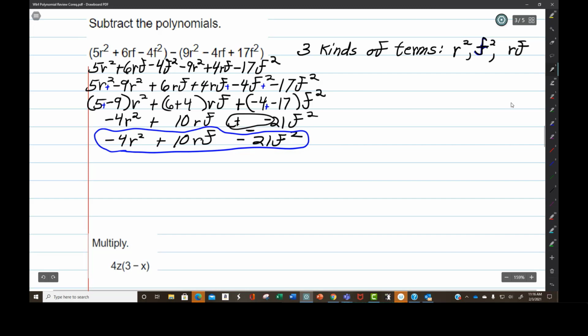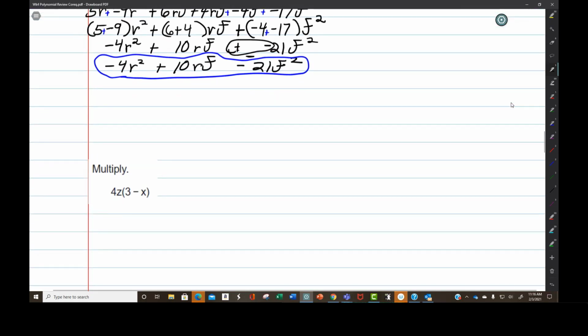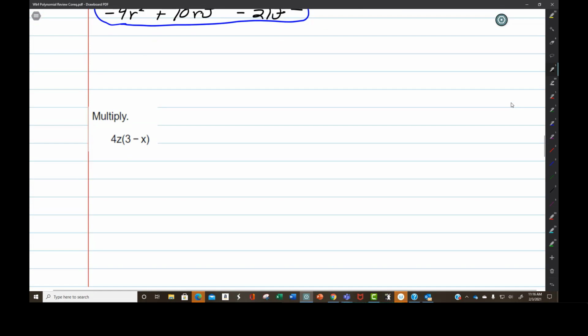Okay, now we get to multiplying. This is a monomial.